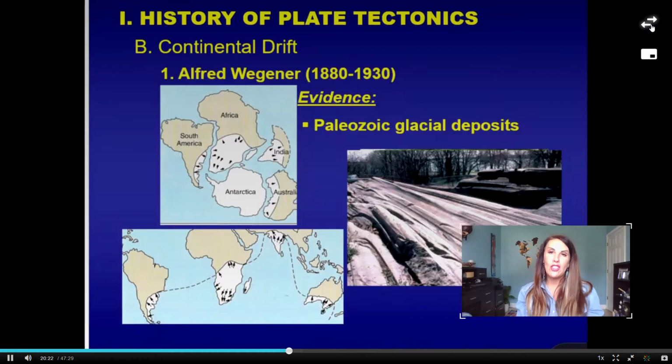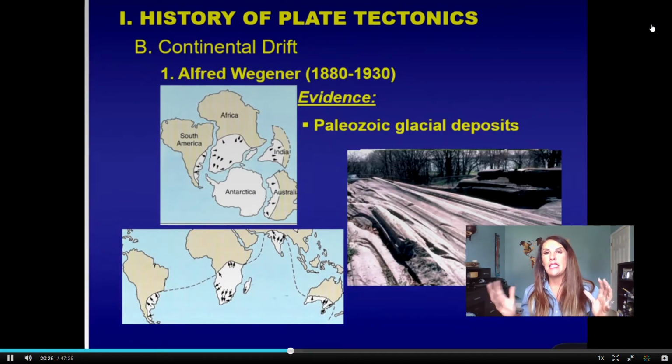Okay, so again, remembering that Alfred Wegener is a meteorologist, so he's interested in how climate has changed. And remember that during this time of 1880 to 1930, we're undergoing the Huttonian Revolution. Remember, there's been a shift in thinking from the Earth is only 6,000 years old to thinking the Earth is much older than 6,000 years old, without being able to absolutely assign a date to it, but suggesting that the Earth is millions of years old instead of thousands of years old.